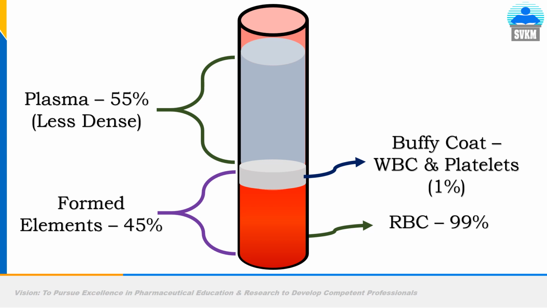So the formed elements of the blood are WBCs, platelets and RBCs. RBCs are more dense than WBCs and platelets, and WBCs and platelets are more dense than plasma. In order of density, plasma is the least dense, then WBCs and platelets are more dense than plasma, and then RBCs are more dense than WBCs and platelets.